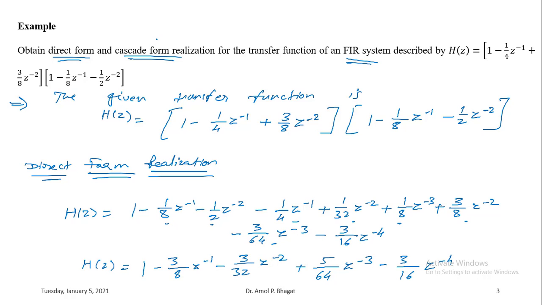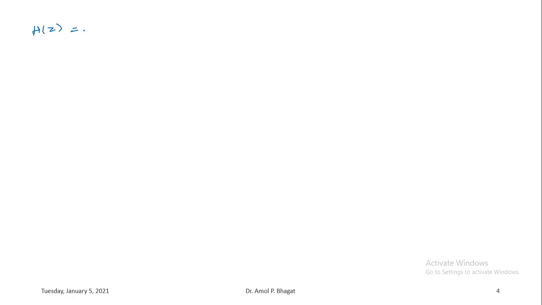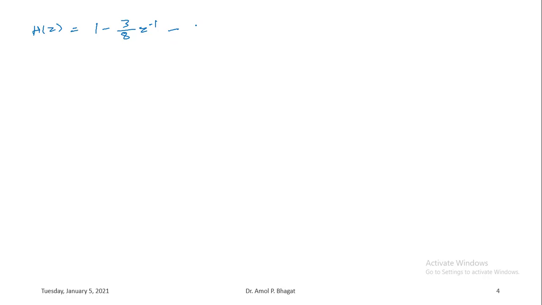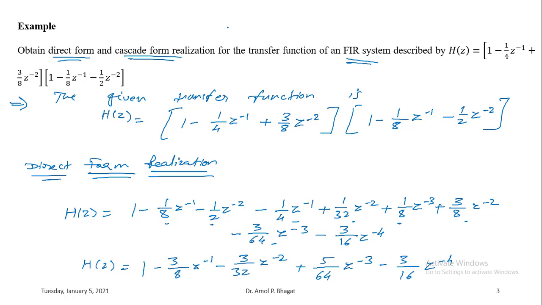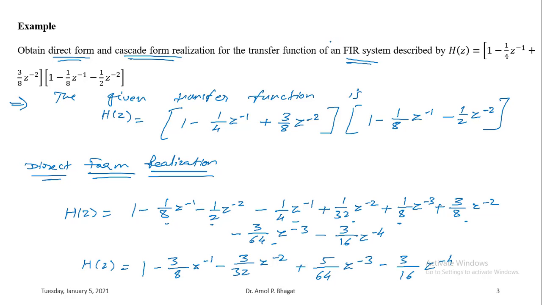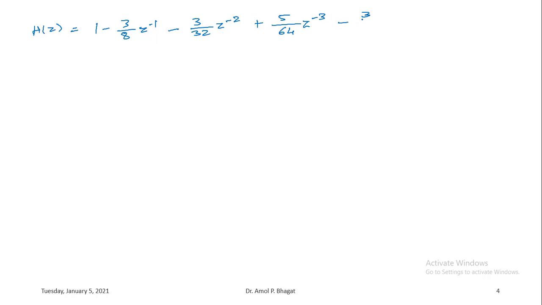So now we have this H of z equals 1 minus 3 by 8 z inverse, then minus 3 by 32 z to the power minus 2, plus 5 by 64 z to the power minus 3, then minus 3 by 16 z to the power minus 4.